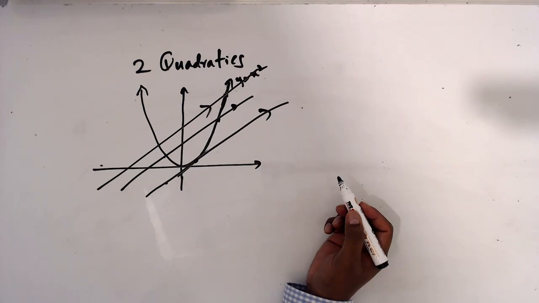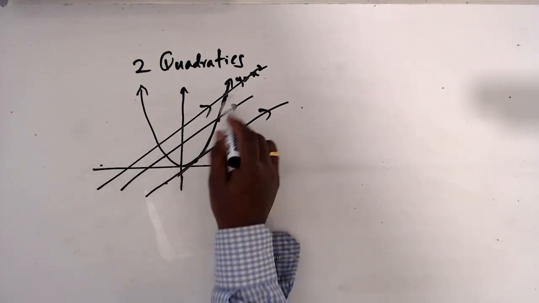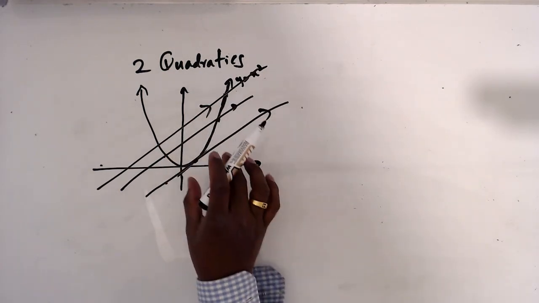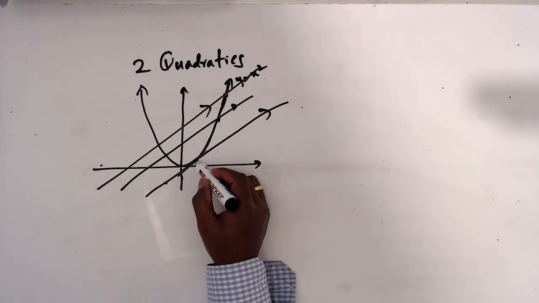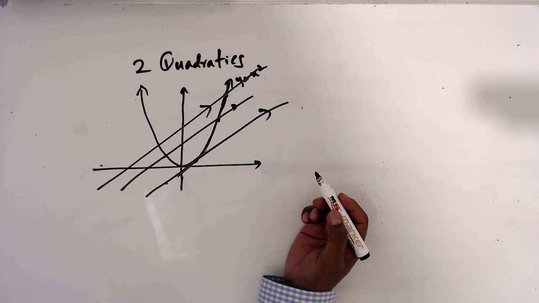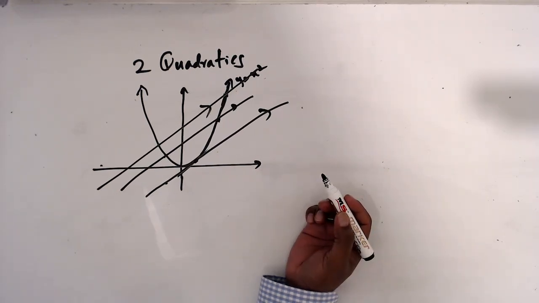It is touching at one point. Now, two answers for the equation will overlap here. We are still expecting two answers, but they coincide. They are going to be the same.